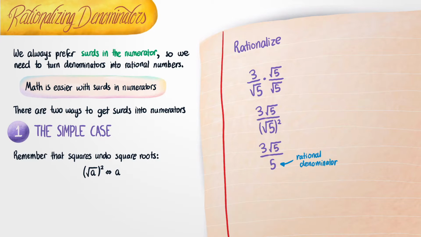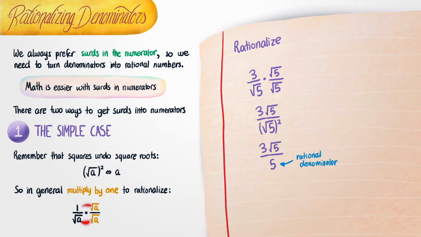So in the general case, if you have a situation where you have a surd in the denominator, you just want to multiply by 1 to get that surd out of the denominator. But instead of writing it as 1, we write it as the square root of a divided by the square root of a. After this, you just go ahead and multiply the tops and the bottoms.